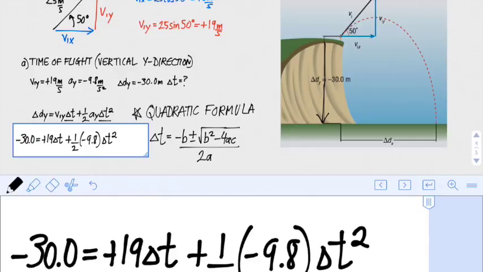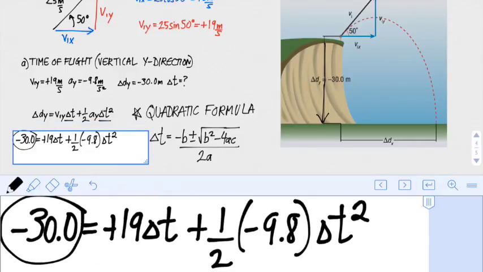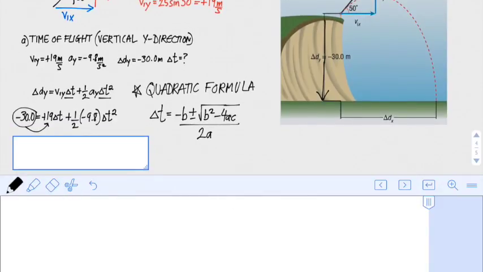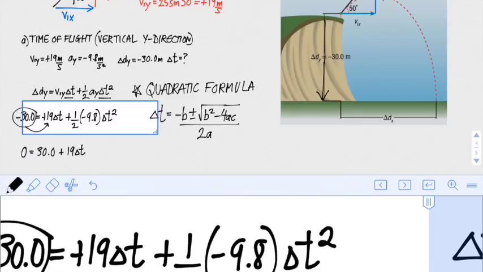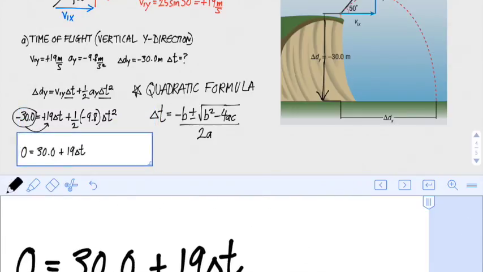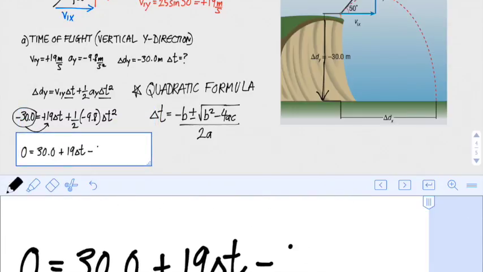I'm going to bring this negative 30 over the equal sign so that we're left with all of the terms on the right hand side. 0 is equal to 30 plus 19 delta t. And I'm going to simplify 1/2 times negative 9.8. So this becomes negative 4.9 delta t squared.